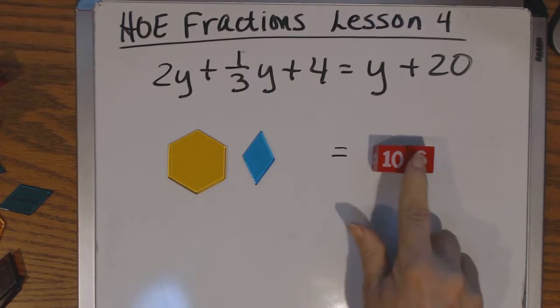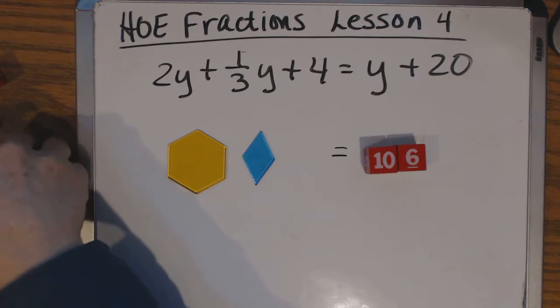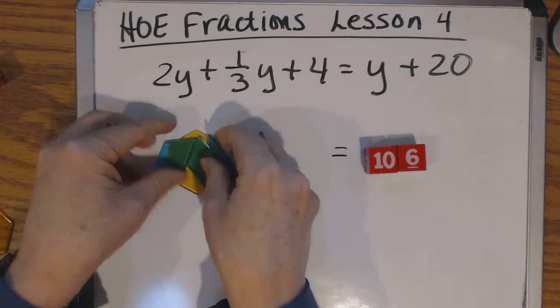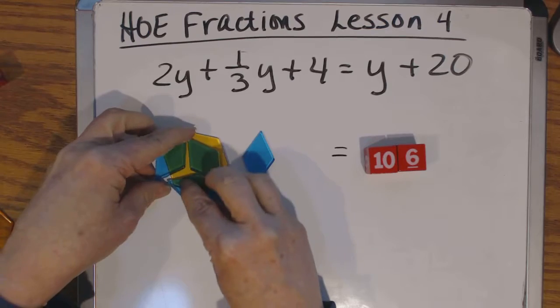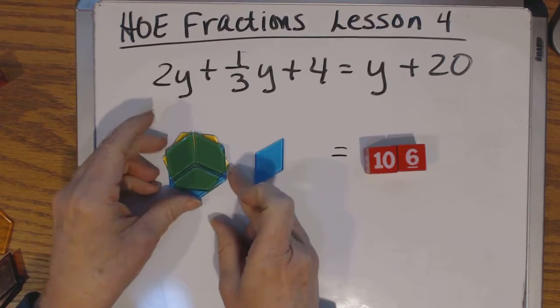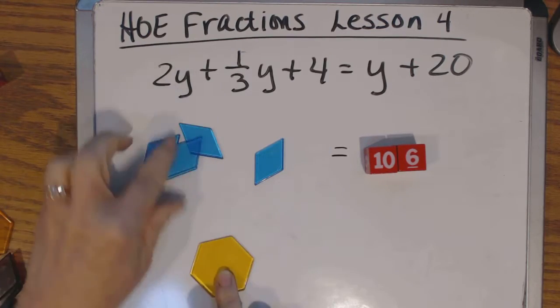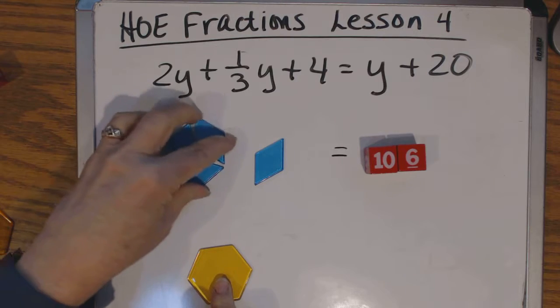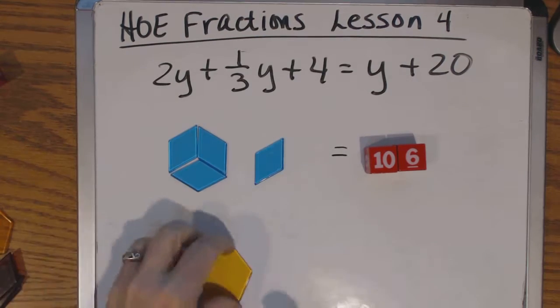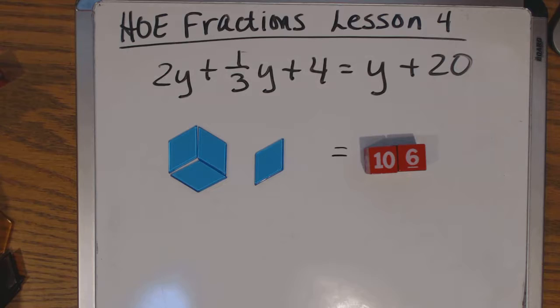And now again, in order to be able to divide this up, some of you will be able to do this in your head by now, but again, it's a lot easier to see if I replace my y with my 3 blue pieces here, right? There's a y plus 1/3.